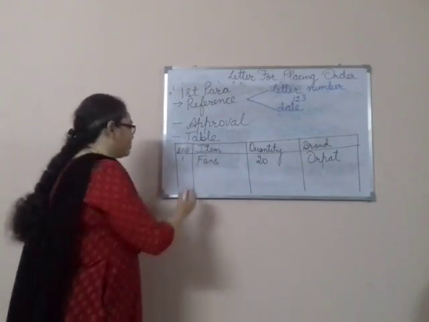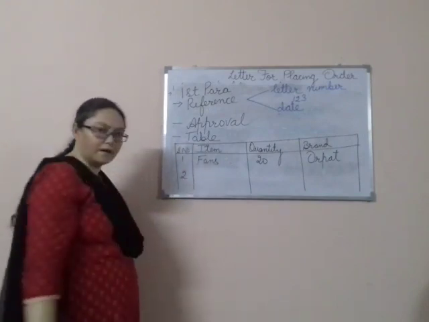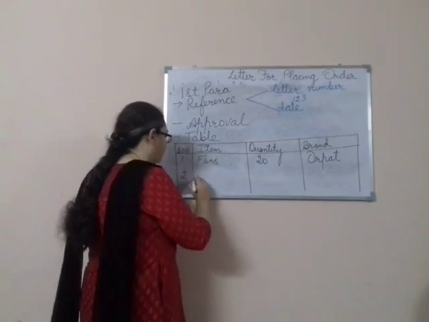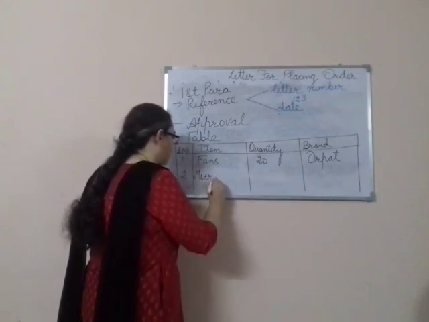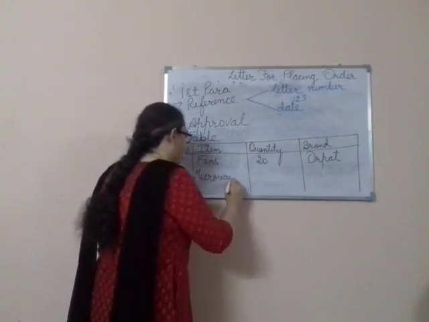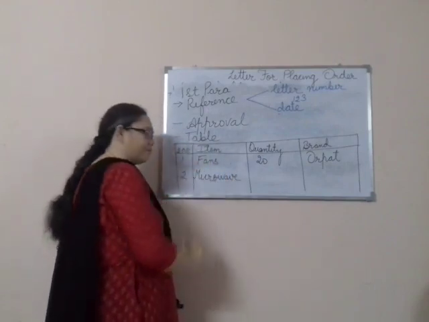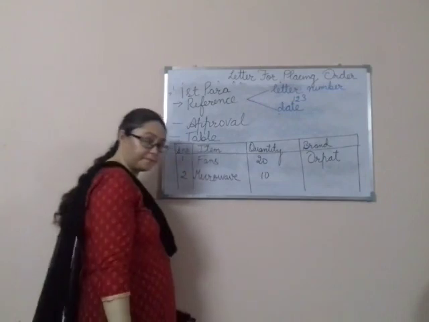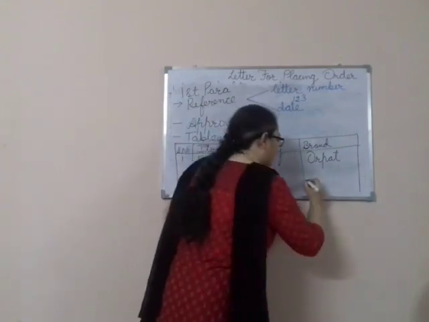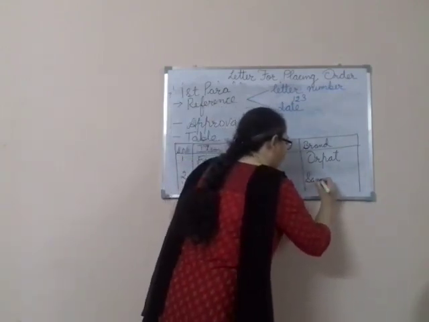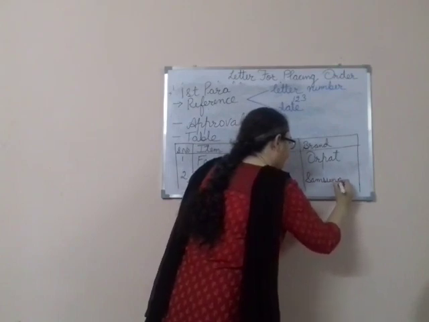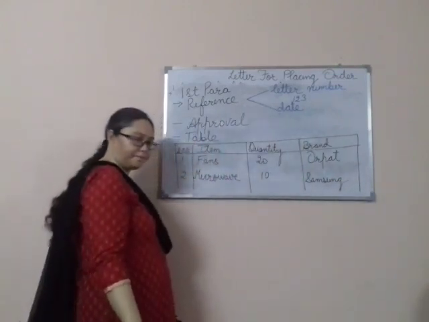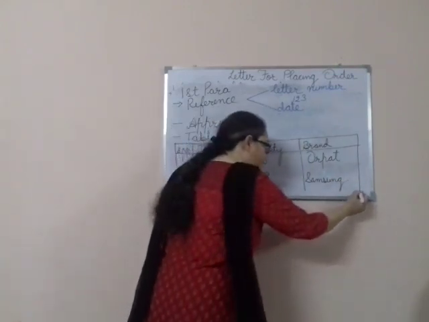Then suppose our second item is microwave. Let it be 10. Let the brand be Samsung.